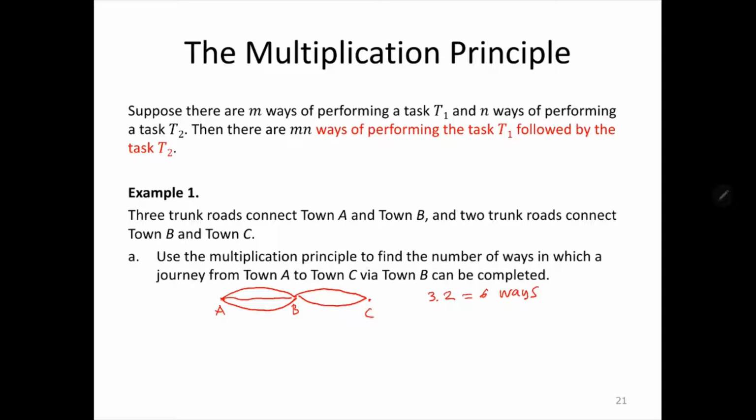Okay, and then here we want to directly exhibit all possible routes. We just list what we have drawn in the first question.